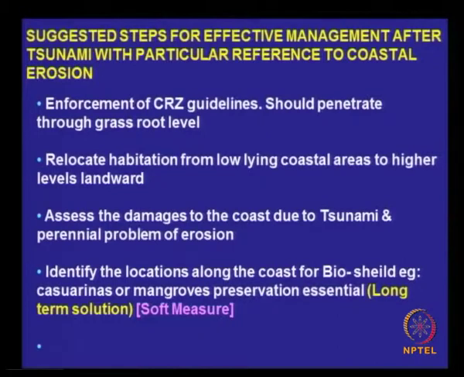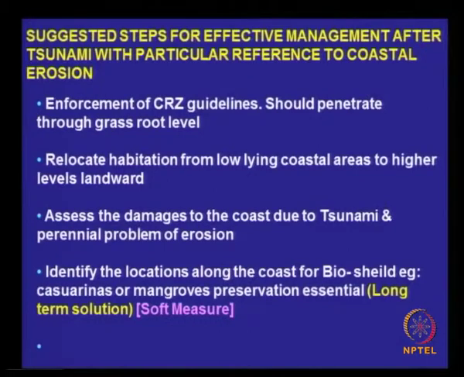Relocate habitation from low-lying coastal areas to higher level landward, assess the damage to the coast due to tsunami and perennial problems of erosion, and identify the locations along the coast for bioshields.